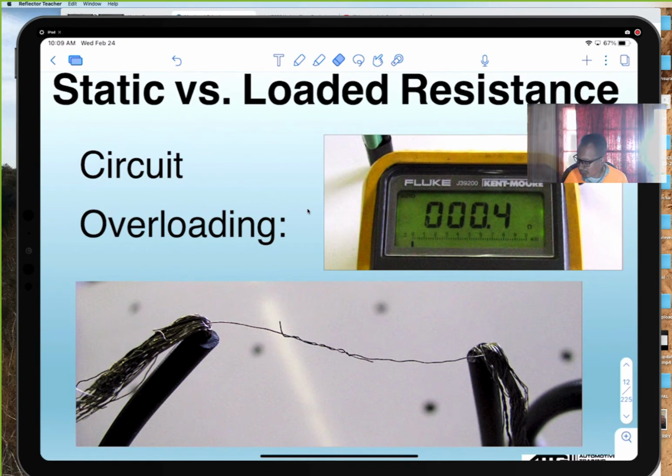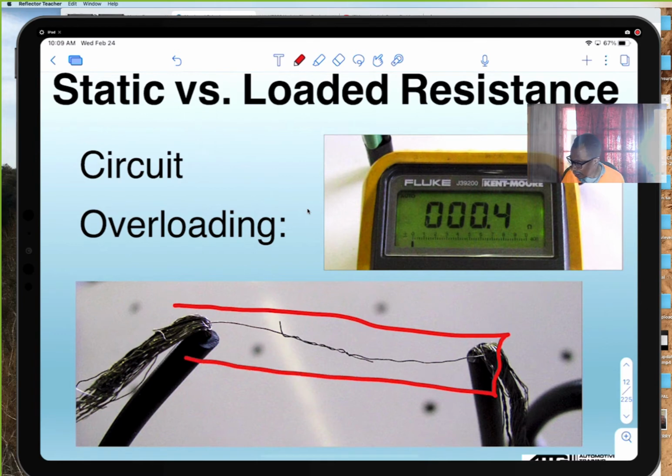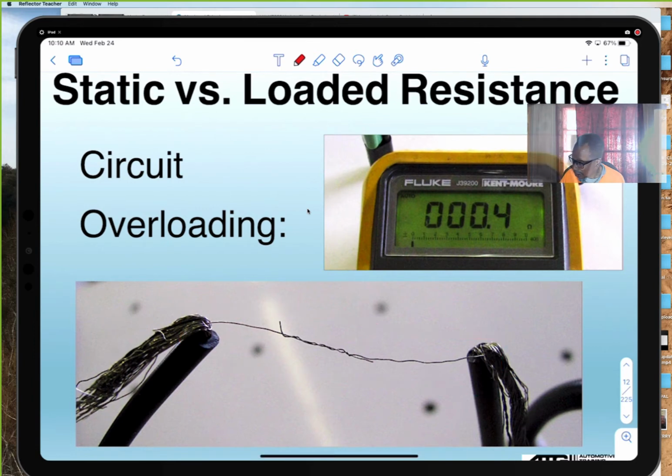Because imagine if this was a wire with an insulator around it.